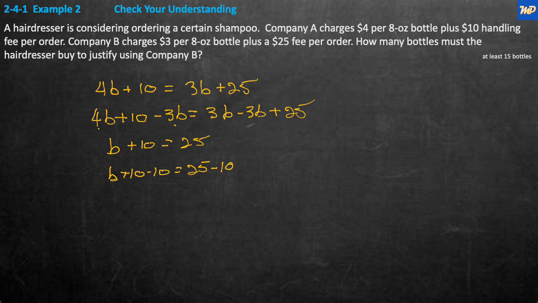Okay, so now the 10s cancel on the left-hand side. I have b for bottles equals 25 minus 10, 15. When the hairdresser purchases 15 bottles at a time, it's cheaper to go with company B. Otherwise, it's cheaper to go with company A.